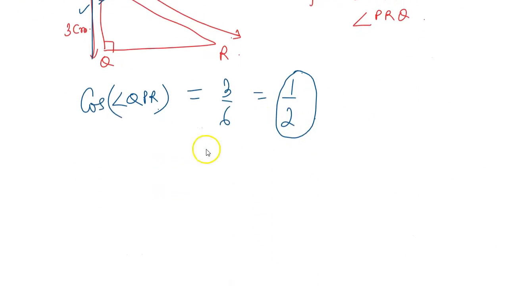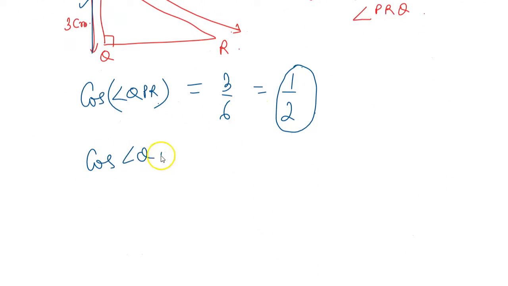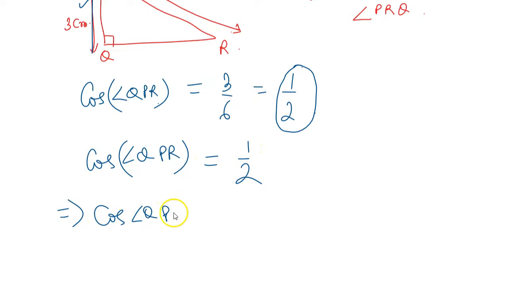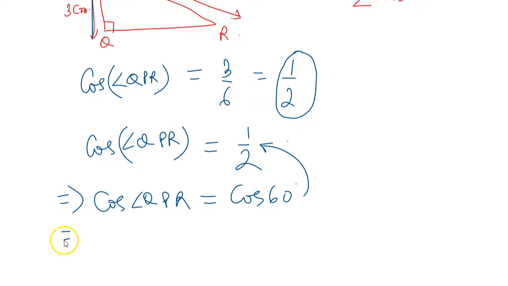So, I can say cos angle QPR is equal to 1 by 2. That implies cos angle QPR is equal to cos 60 degree, because cos 60 is 1 by 2. So from here we can say angle QPR is 60 degree.